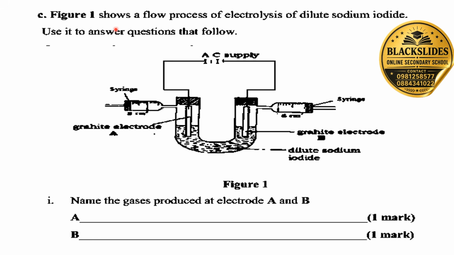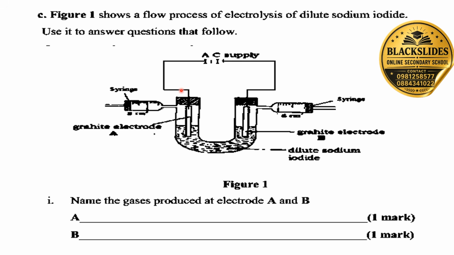Figure 1 shows a flow process of electrolysis of dilute sodium chloride. I beg your pardon, this is sodium iodide. Use it to answer questions that follow. So let's just familiarize ourselves with the diagram. We have a power supply here, of which one end is positive, the other one is negative.